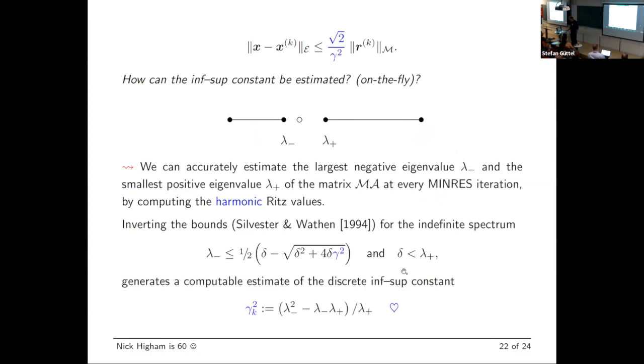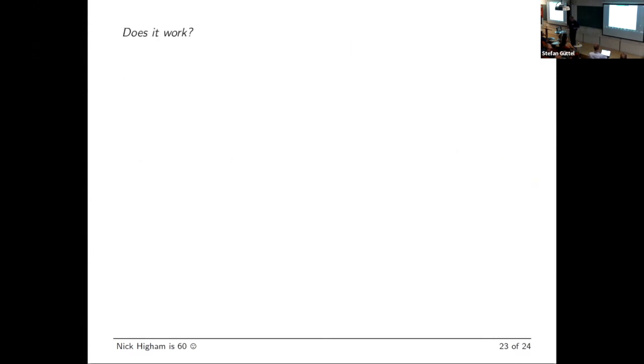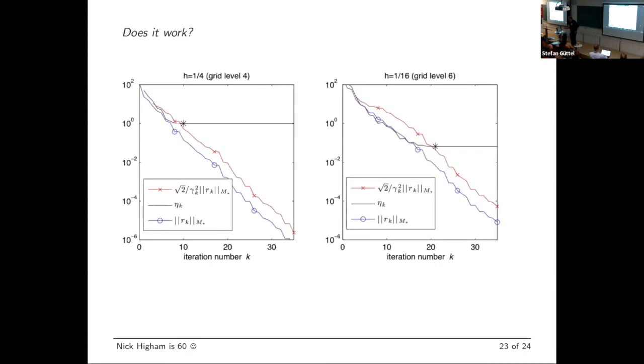From that information, you get estimates of the interior eigenvalues. And then you can reverse engineer eigenvalue bounds, I proved with Andy, to get an estimate of the inf-sup constant at every iteration. And the harmonic Ritz values converge really fast to interior eigenvalues. So it works well. Does it work?